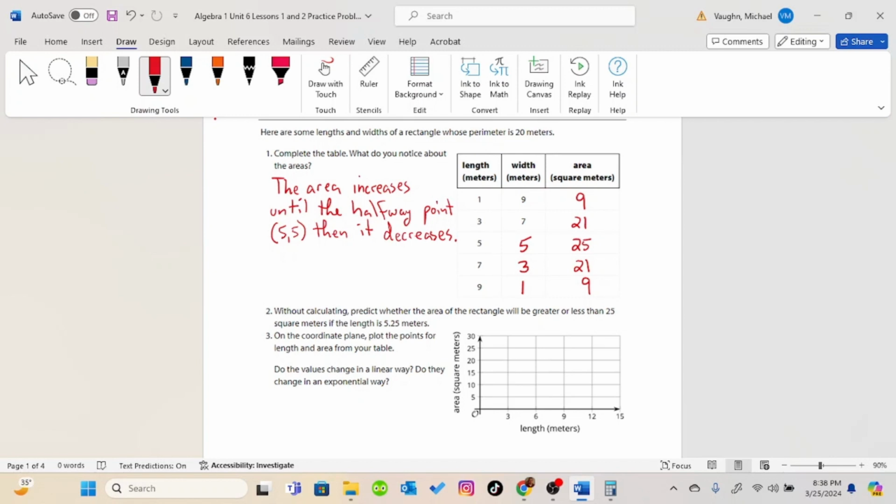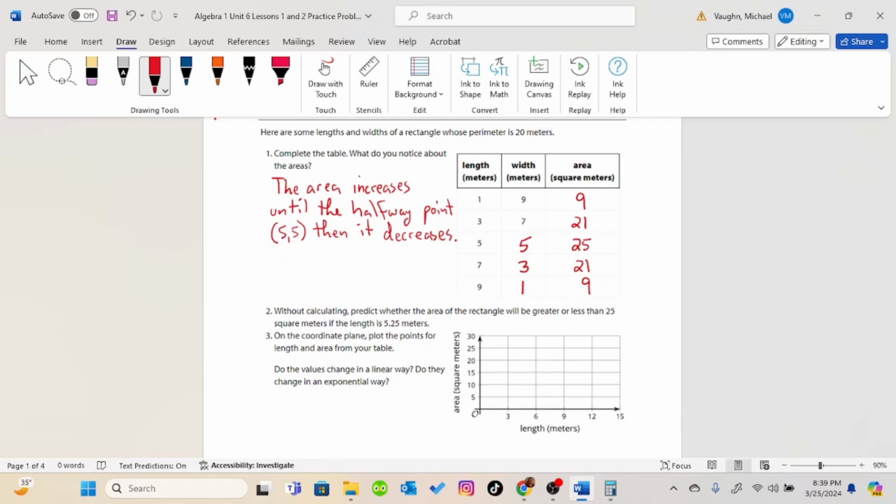Number 2. Without calculating, predict whether the area of the rectangle will be greater or less than 25 square meters if the length is 5.25 meters. Well, we see that the area goes up until it hits 5.5.